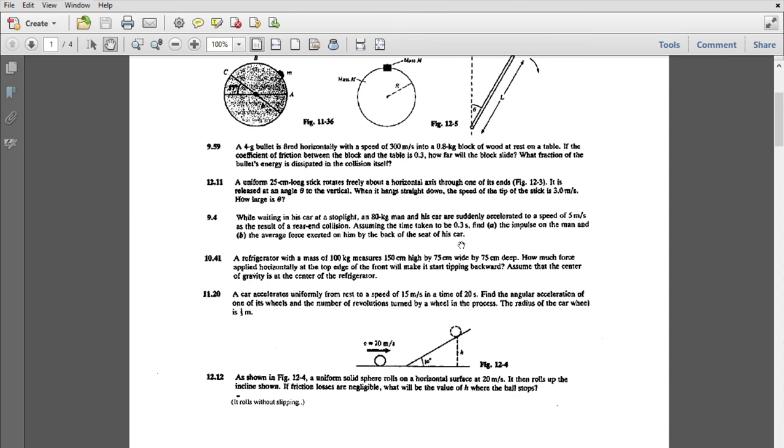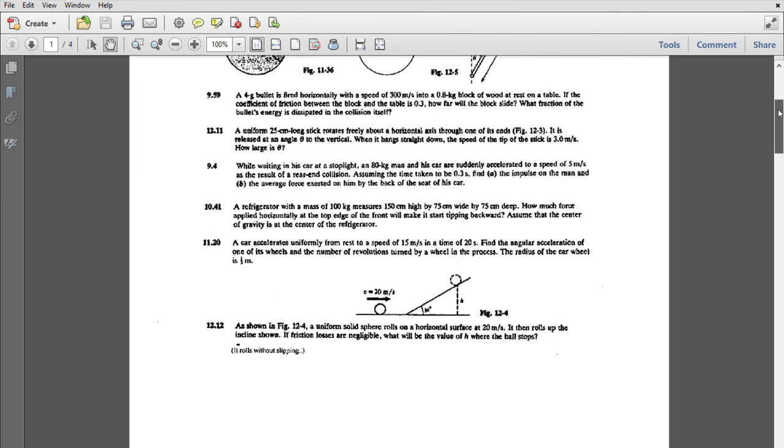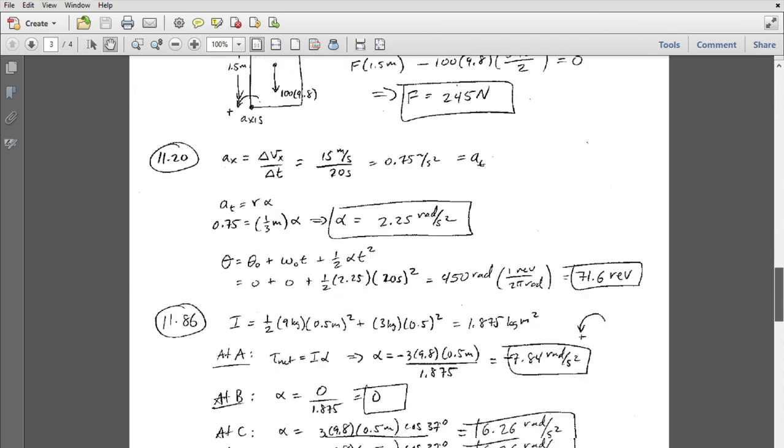So in this case, the net x impulse is the change in x momentum if x is the direction that the man is moving. We can find the impulse delivered to him, and then calculate that impulse as average force times time.